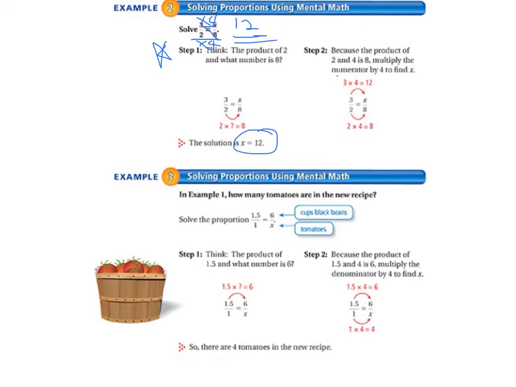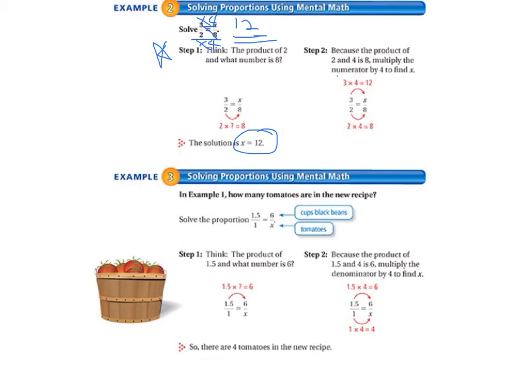That's all we're working with when we do proportions: equivalent fractions. You have to remember that things that are proportional are equivalent. Since you want to keep that equivalency, you just multiply the top and the bottom by the same number. So you can do that in your head.